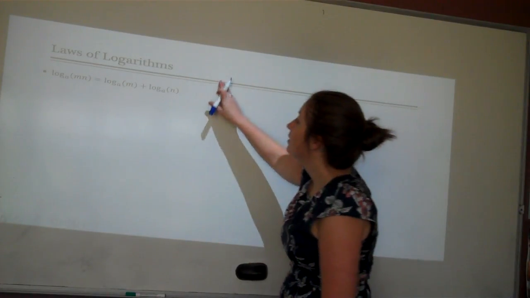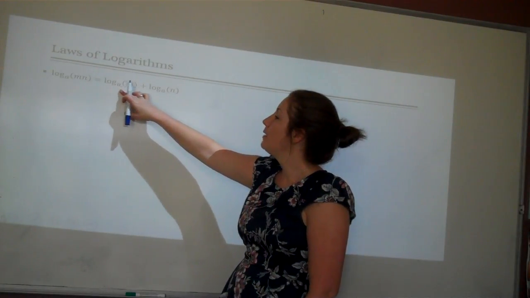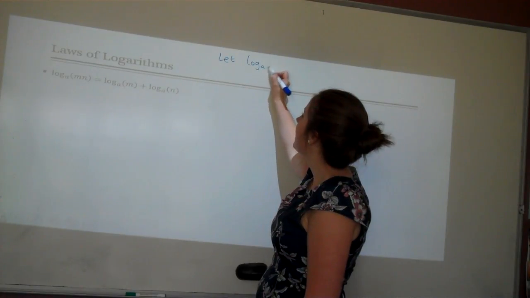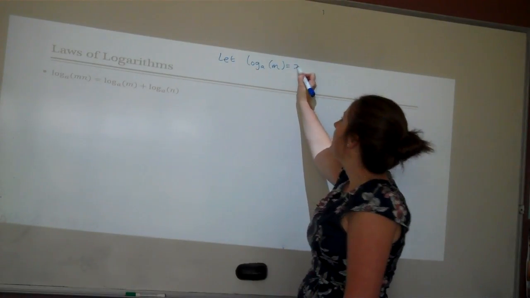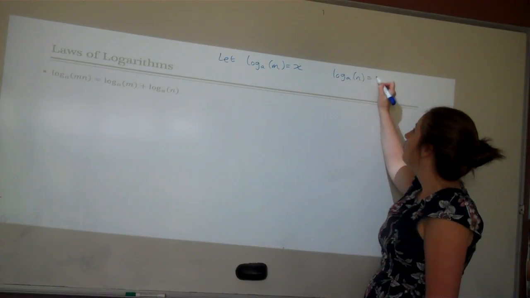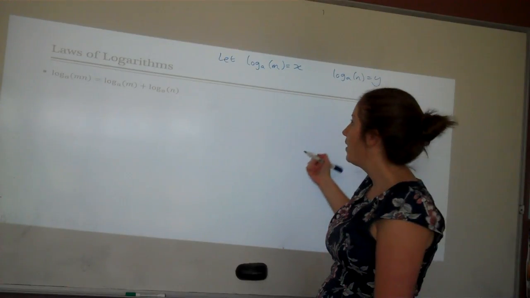To start with, we're going to try to prove this first law. I'm going to let log base a of m equal x and log base a of n equal y. I need to rewrite both of these as exponential equations.